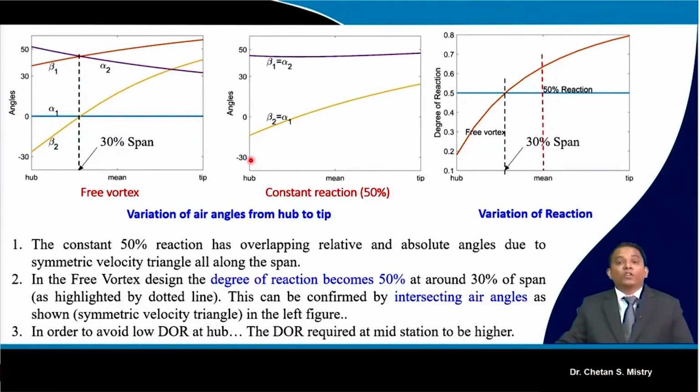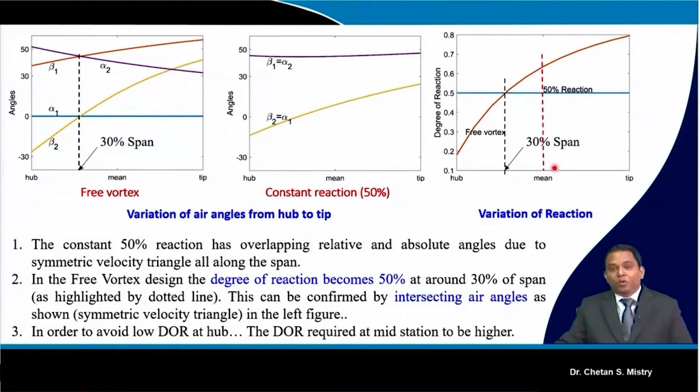Now for constant reaction, if you compare, these angles are coming lower. This represents how my degree of reaction varies. This line represents my free vortex concept, and this line represents my 50% reaction concept.